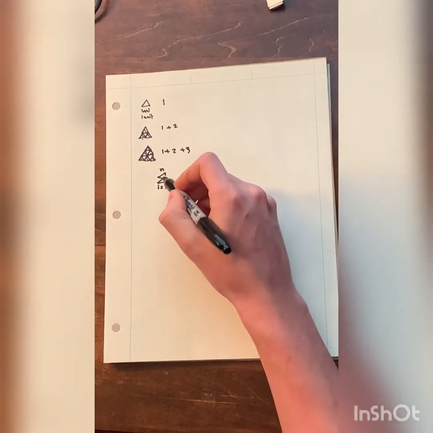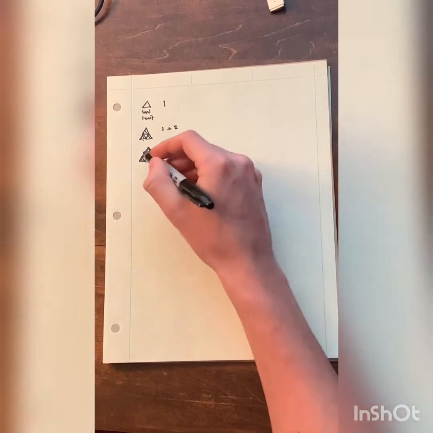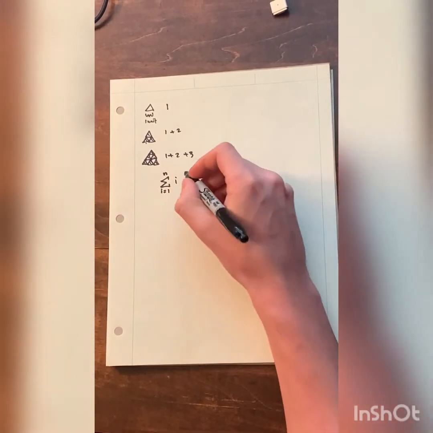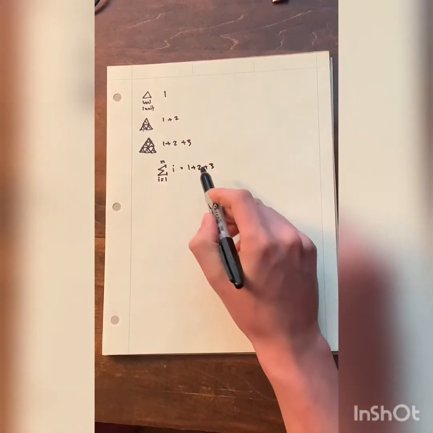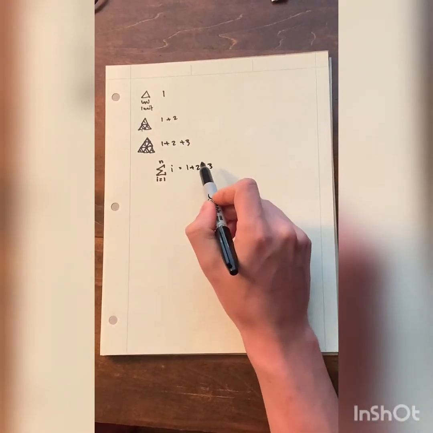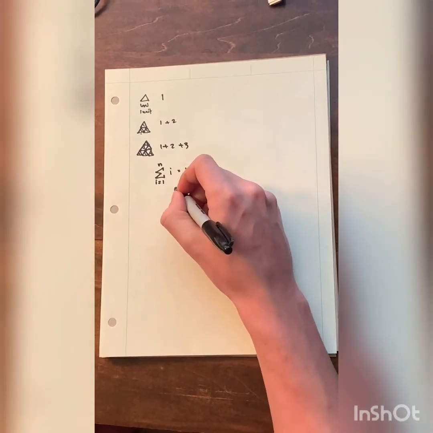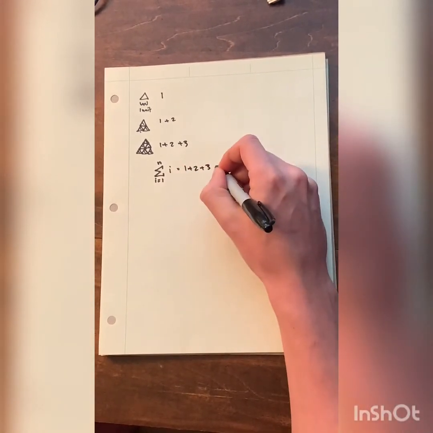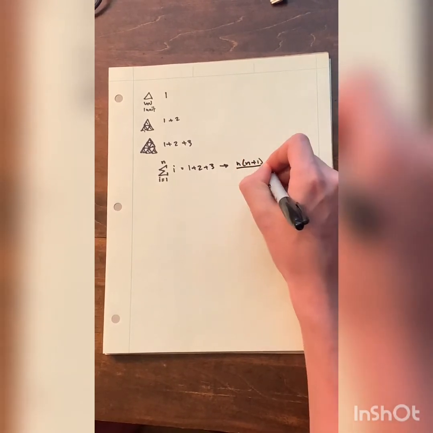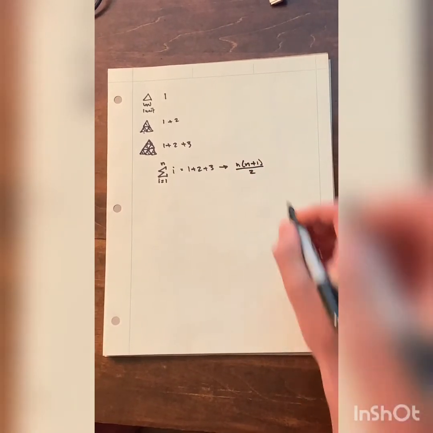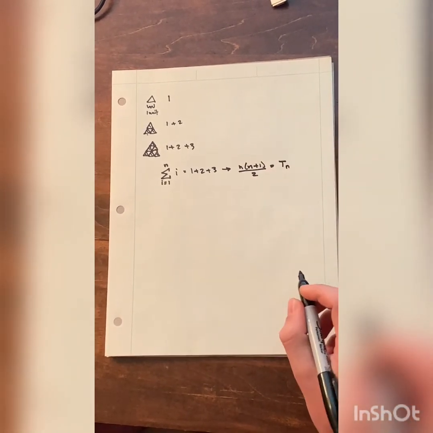For the scenario where n equals 3, that is equal to 1 plus 2 plus 3. And for a finite arithmetic sum, you can summarize that as n times n plus 1 over 2. We'll call this triangular number n, t sub n.